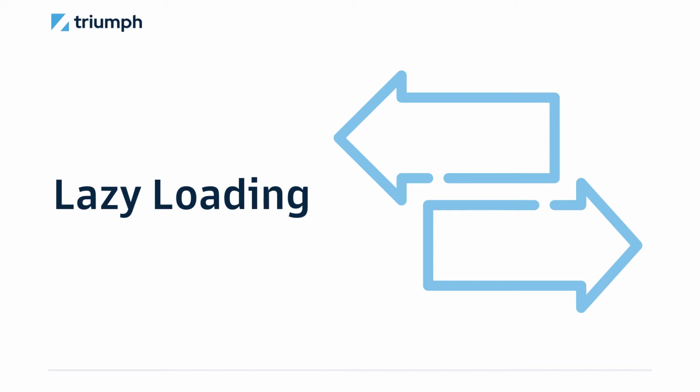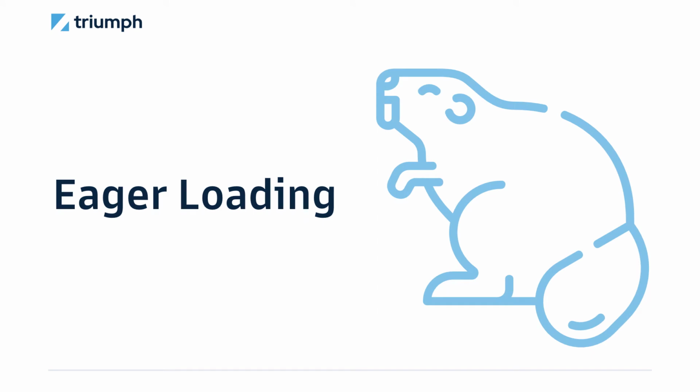Now, the opposite of lazy loading is eager loading. Eager loading says, hey, you just tell me everything and I'll go get it. Eager loading is not very extensible, though. You have to tell it exactly everything ahead of time, and you have to compile it, and you have to be much more structured with it. It's much more rigid and not very extensible. And the example here of the beavers is a perfect example, because beavers, if you know about their lifestyle, spend all summer storing up trees and limbs, and they put it into the lake, because when the lake freezes over all winter, they're going to be eating off of that bark.